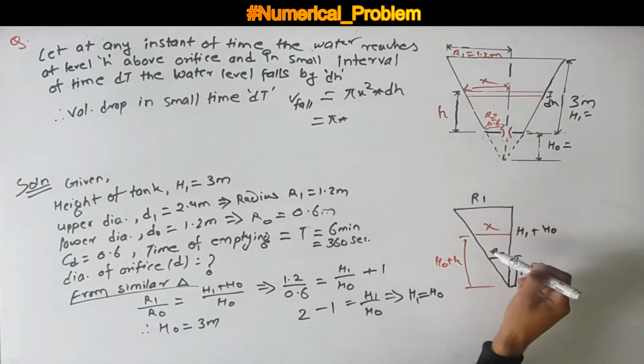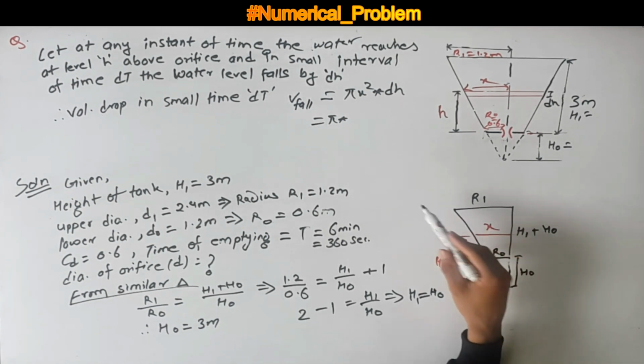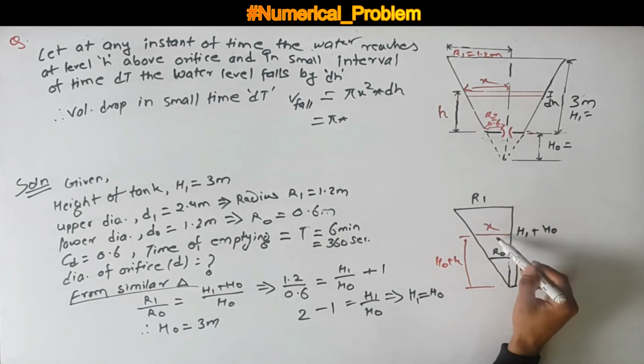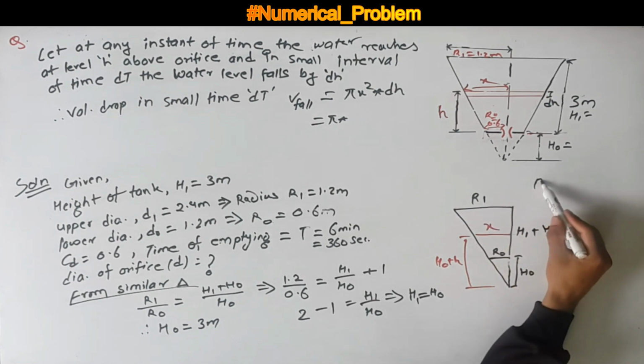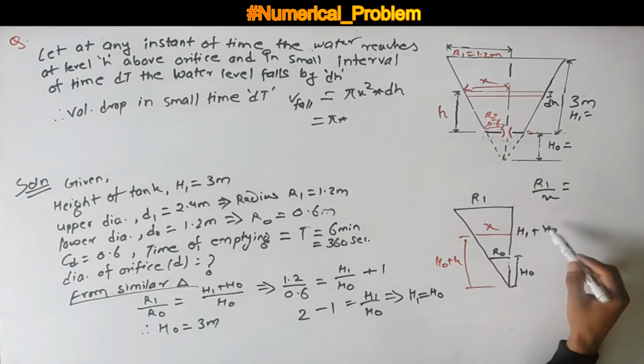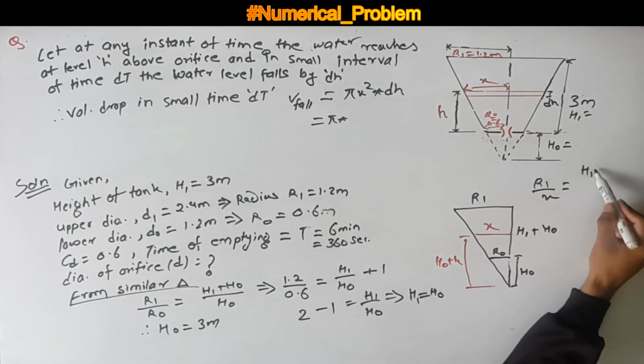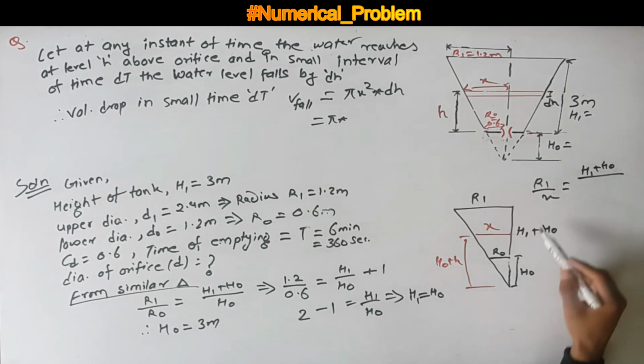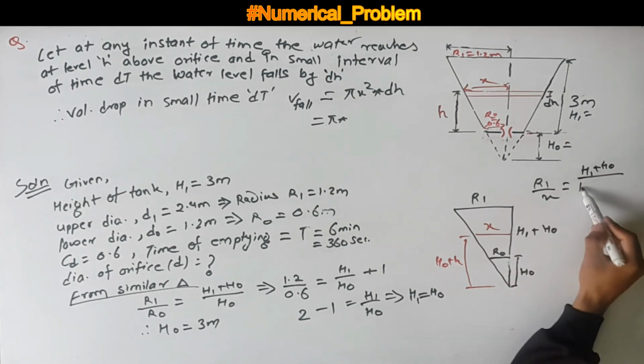We use again similar triangle here. R1 upon x equals this whole H1 plus H0 upon the height up to here, H0 plus H.